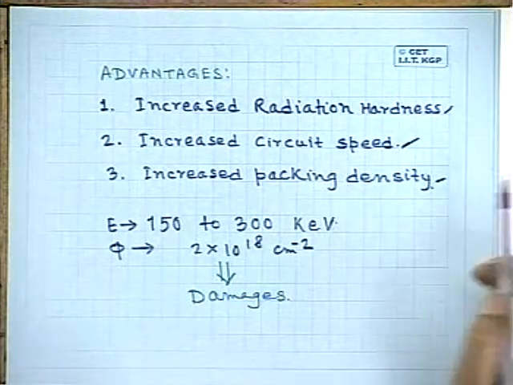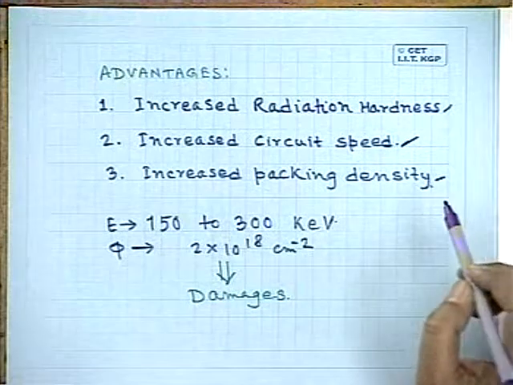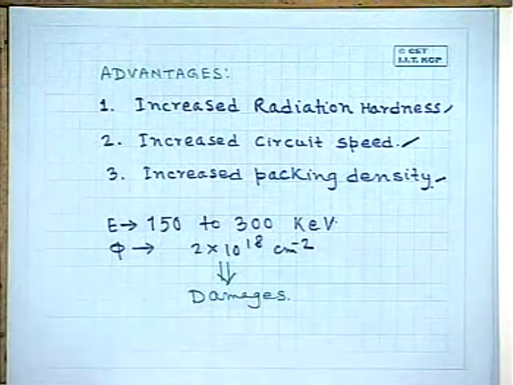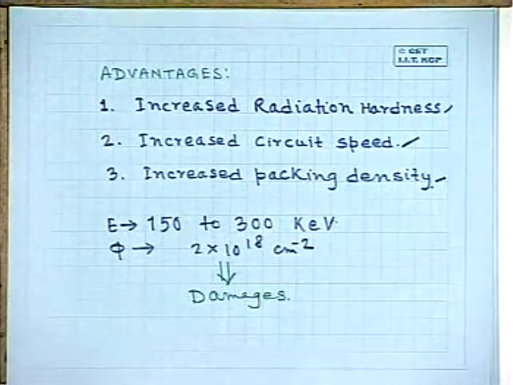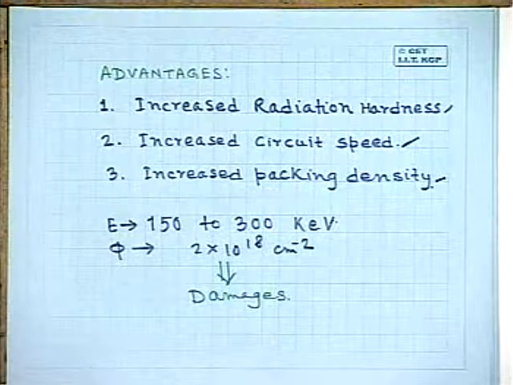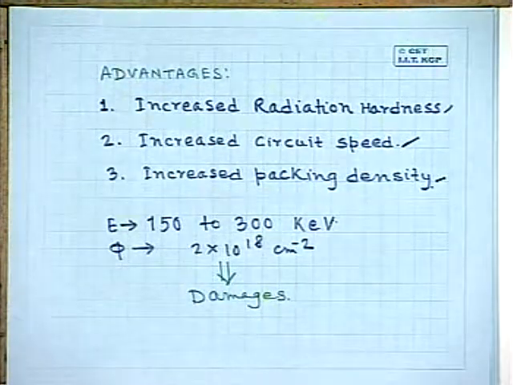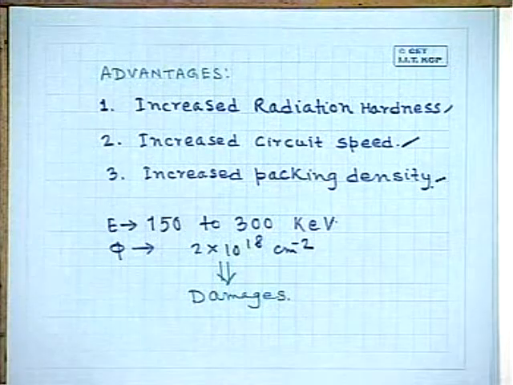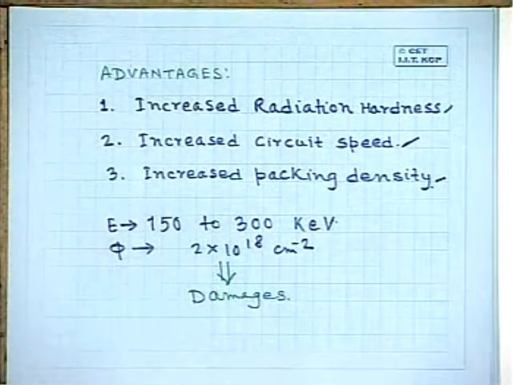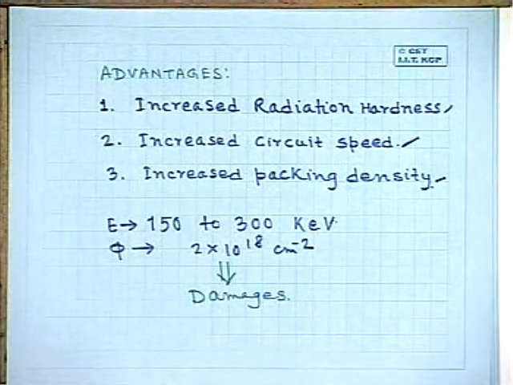Okay, and the next is increased circuit speed, and at the same time increased packing density. These two are related effects, and here that is achieved by the dielectric isolation. As I mentioned, dielectric isolation is advantageous for high speed circuits and high density circuits compared to junction isolation, because junction isolation takes a lot of area.